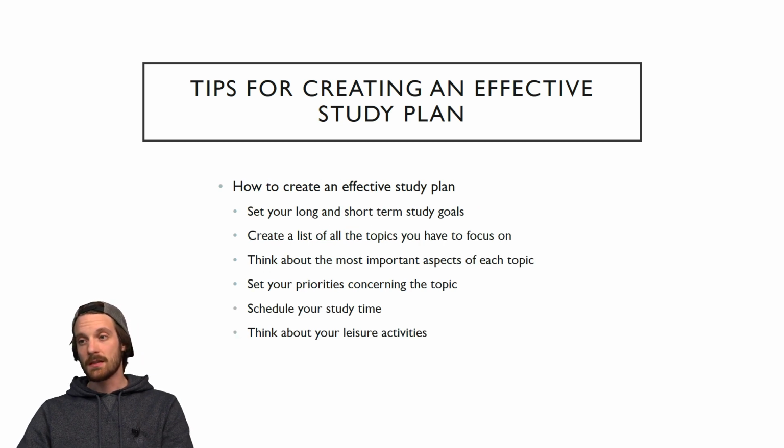So in this case, of course, how can we then create an effective study plan? Important is that you should set yourself short and long-term goals. So short-term goals might be subtopics, or maybe an amount of vocabulary or phrases.